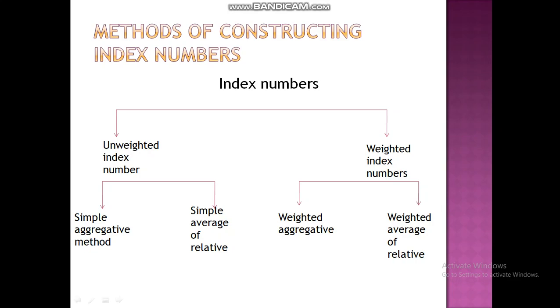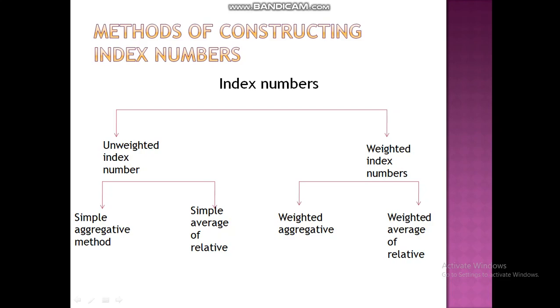Then the second one is simple average of relative. If you remember my first class, there I had given you three relative values: price relative, quantity relative, and value relative. Those relative values are used in this case. So here basically the average of those relatives is calculated.